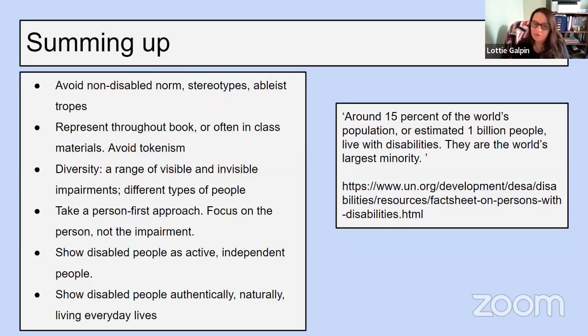Person first: focus on the person, not the impairment, and show disabled people as active, independent people, authentically and naturally, just living everyday lives, because around 15% of the world's population live with disabilities. And if we fail to include them, then we're really perpetuating the worst stereotype around disability, which is a stereotype of omission.